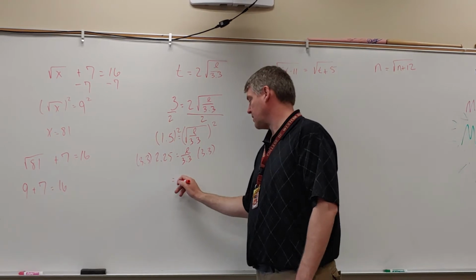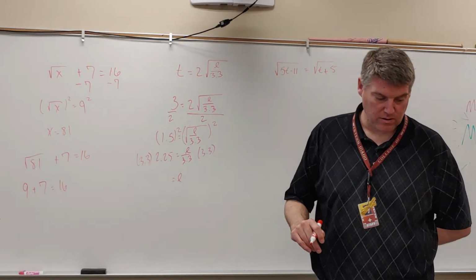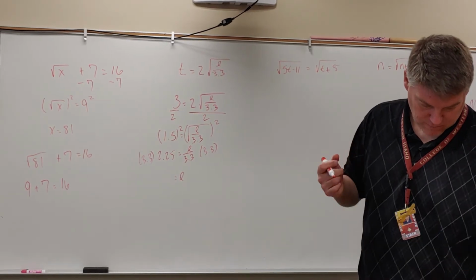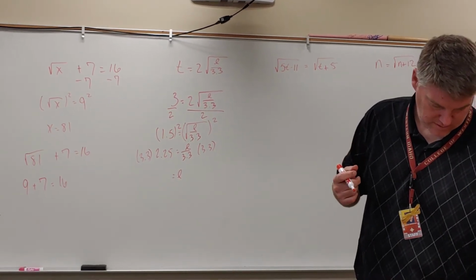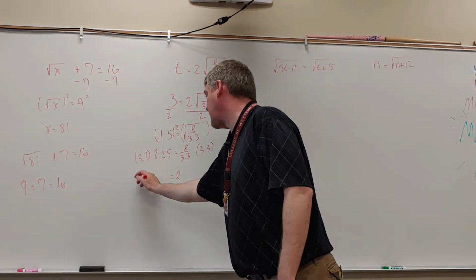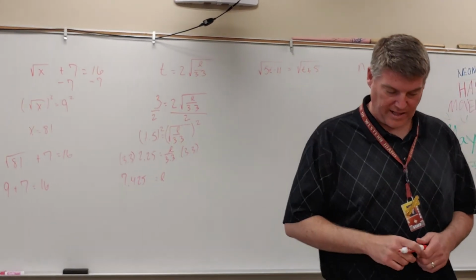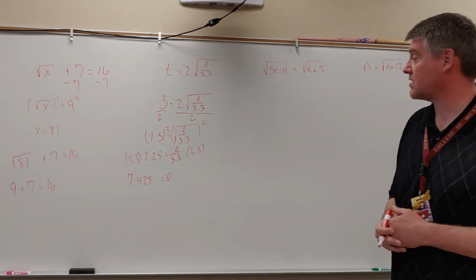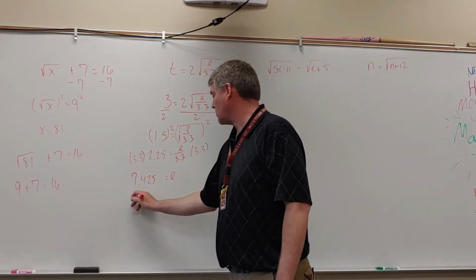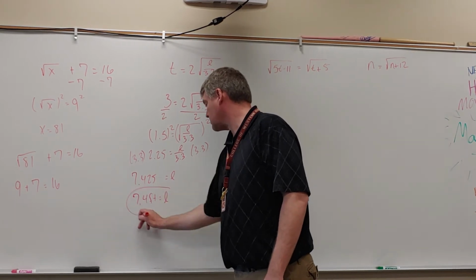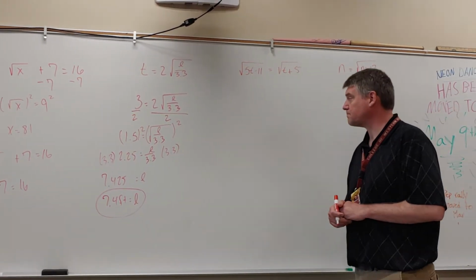Okay? So L is now 7.425. It asks us to round to the nearest tenth, so 7.4 feet. So there's the length of my pendulum.